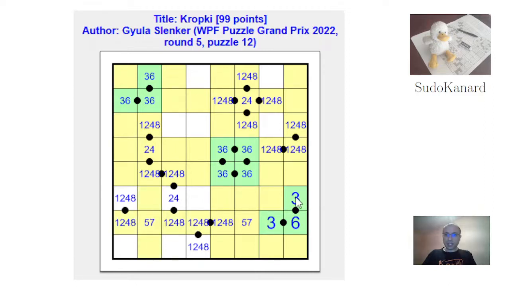So you see that on this row, the only other place for a 3 or a 6 is here. And obviously, cells that are pencil marked with 1, 2, 4, or 8 must not contain a 3 or a 6. This column here needs that, this cell for this row, this cell for this column, and we still need one of each in here.